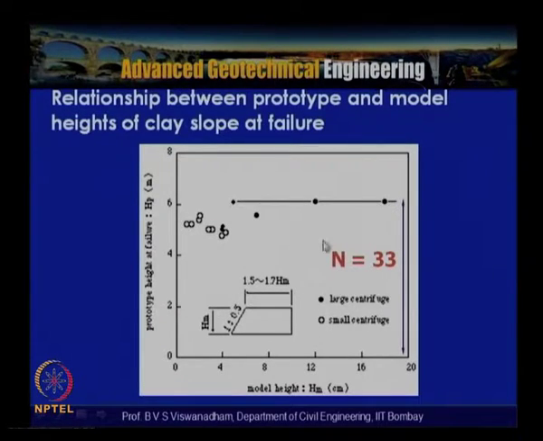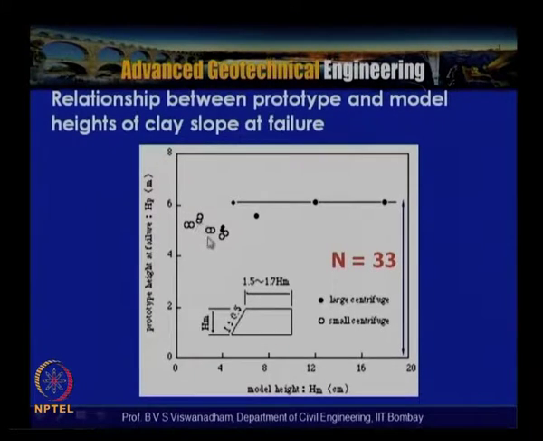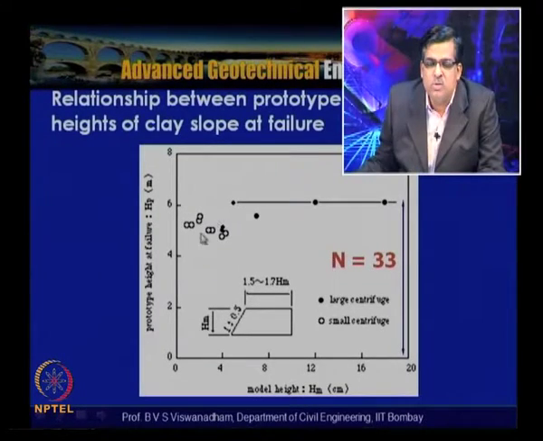So different heights of slopes have been tested, and you can see that the large centrifuge equipment was used here, and small centrifuge equipment was used here. The errors due to small centrifuge testing lead to some discrepancies, but what can be seen is that with a large beam centrifuge there is consistency in results.